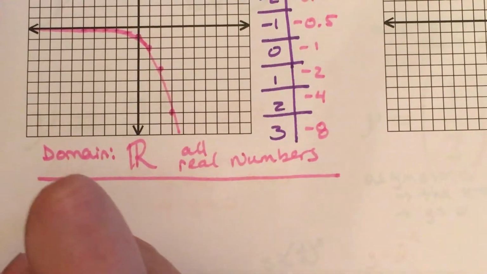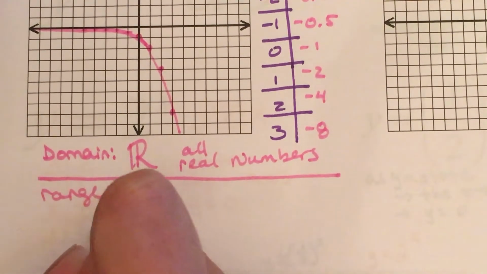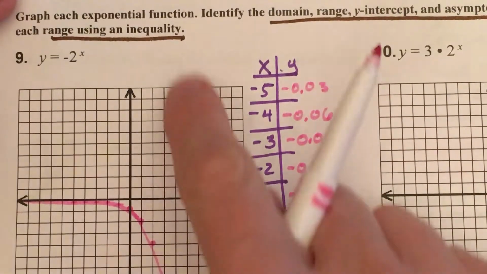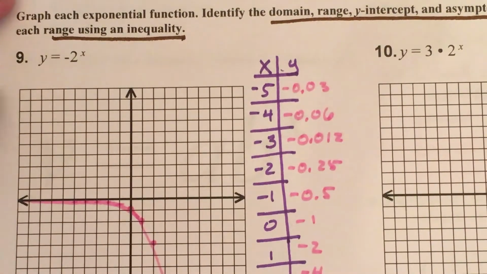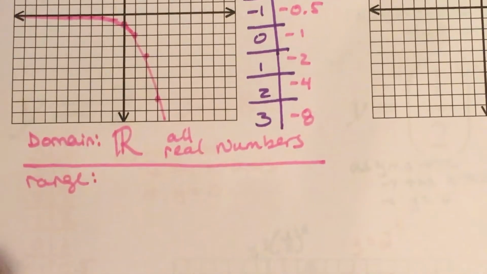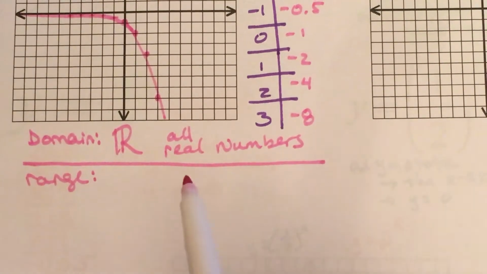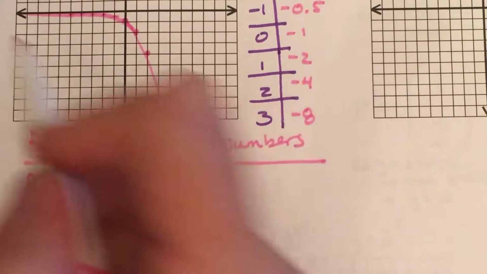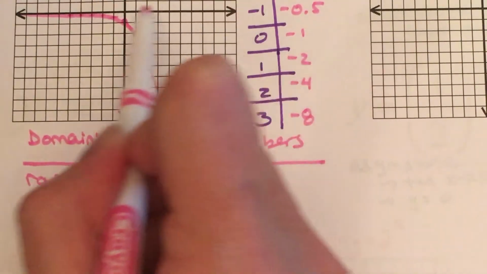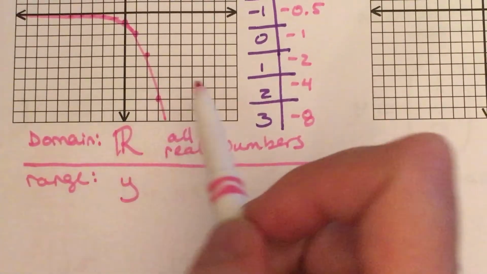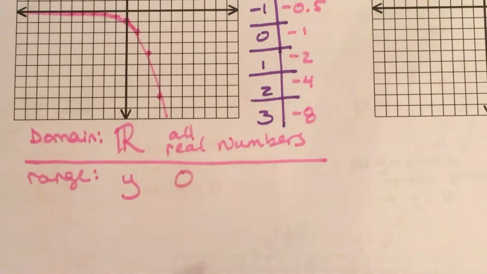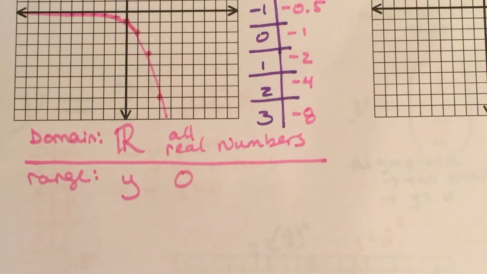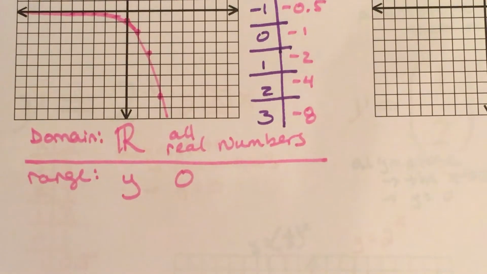Now the range. And we were told in our instructions that the range was wanted in the form of an inequality. So this inequality is always about y and where we topped off at. Well, we topped off at a value of 0 because it's the x-axis. The question is, could we ever be equal to 0?